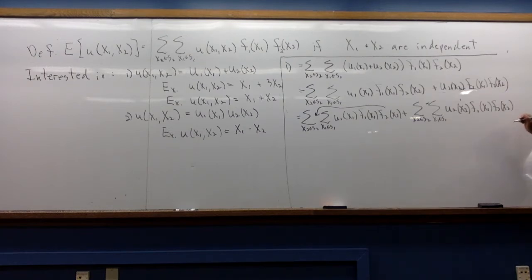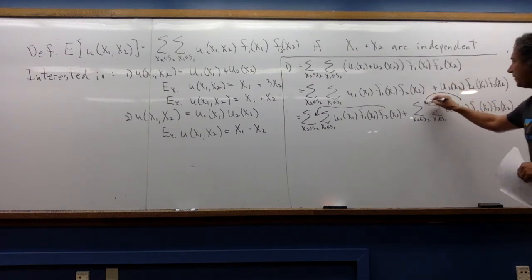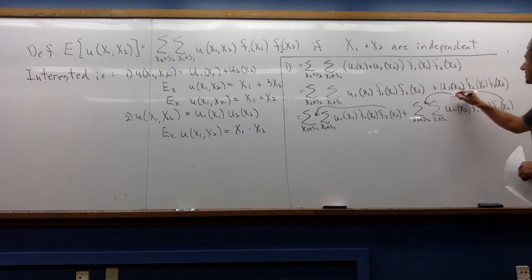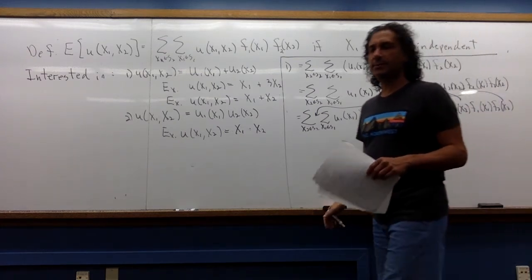On this side, we've got a u2 here, we've got an f2, and those guys both have x2s. That has nothing to do with x1. These guys are constant with respect to x1, so I can pull those guys out.